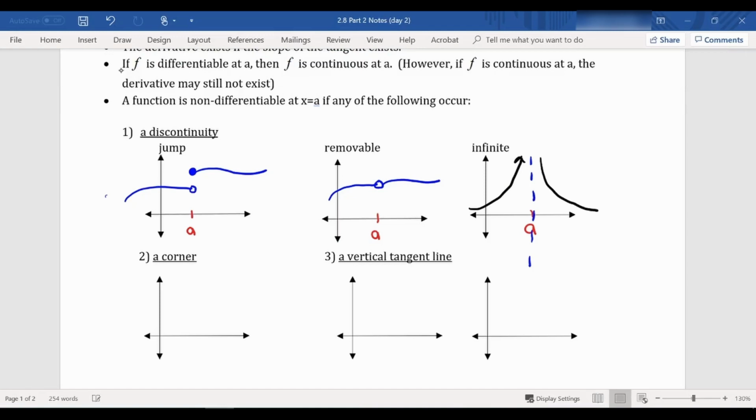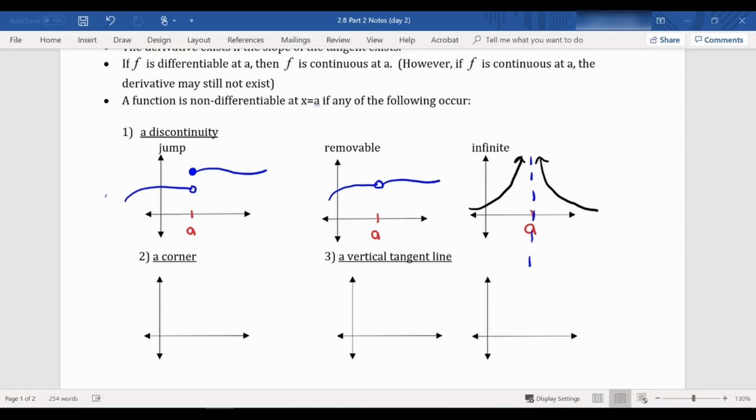this could be infinite to negative infinity, positive infinity, or different directions could be approaching different infinities. And again, we cannot draw a tangent line. It would be a vertical tangent line where our slope does not exist. A vertical line does not have a slope that we can find.